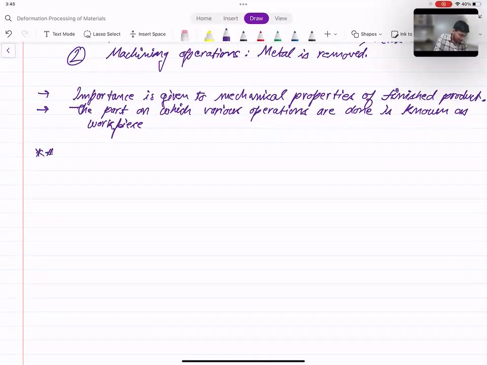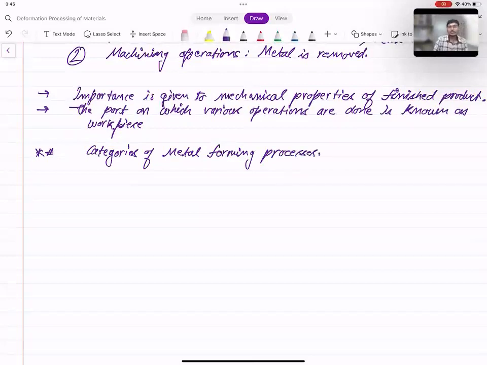Okay, so these categories of metal forming, not operations, these are processes.